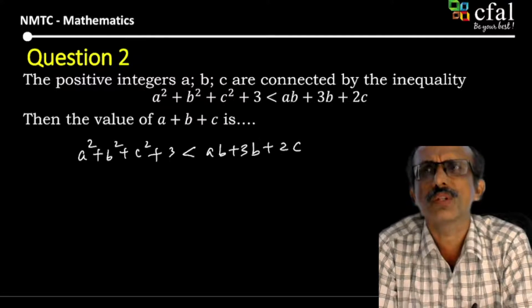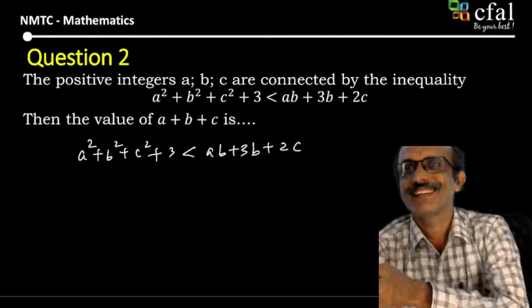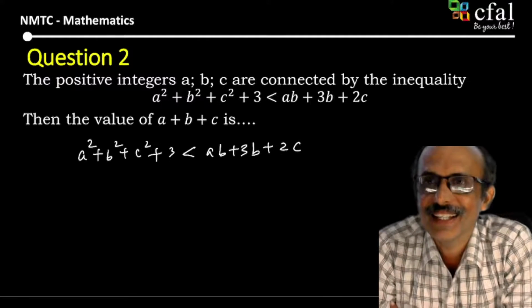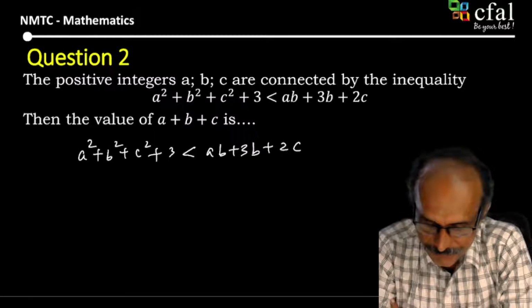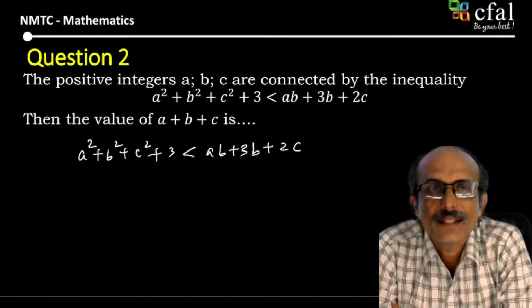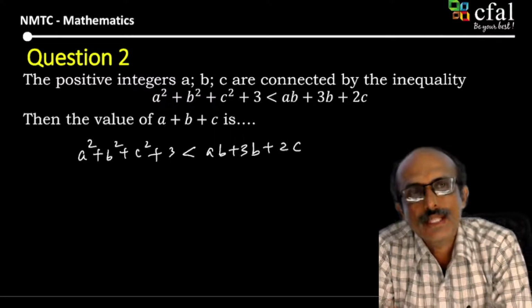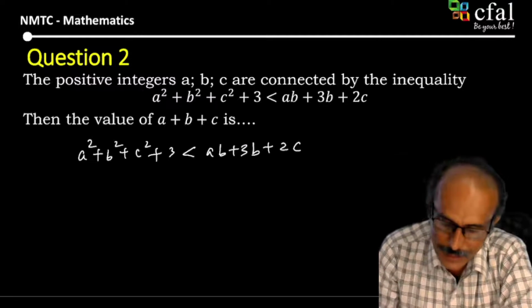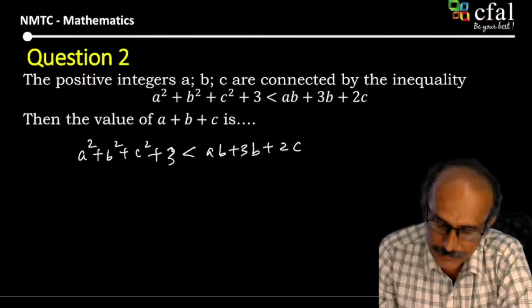Yeah. There are 2, 3 are written. Okay. So a square plus b square plus c square plus 3 less than ab plus 3b plus 2c. Let us try to manipulate this.